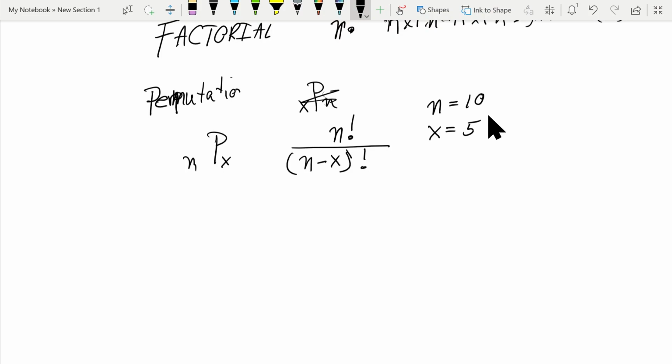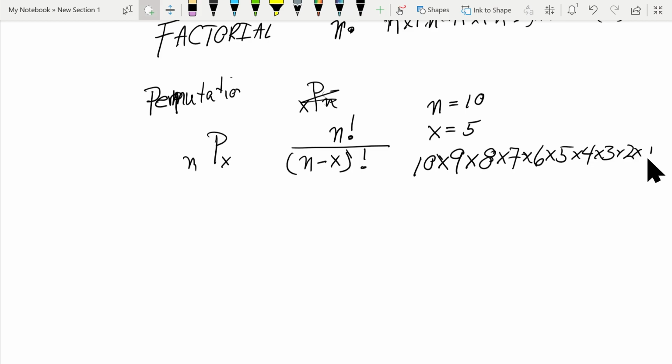Order matters. So this is 10 times 9 times 8 times 7 times 6 times 5 times 4 times 3 times 2 times 1, divided by 10 minus 5, which is 5 factorial.